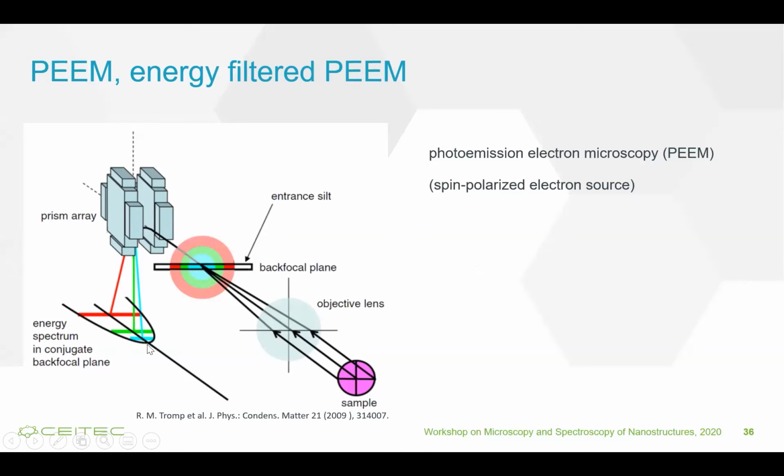So we can do energy filtered imaging and do some kind of XPS, even with not such high resolution, but we can do it spatially resolved with the resolution of the LEEM. So we are starting to work on that, going more inside. We can have photoemission electron microscopy when we use UV sources as the excitation source. So we can do that.